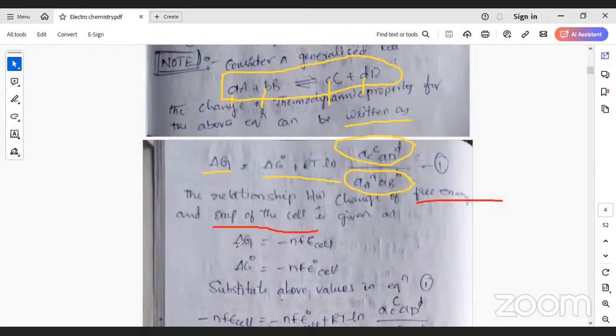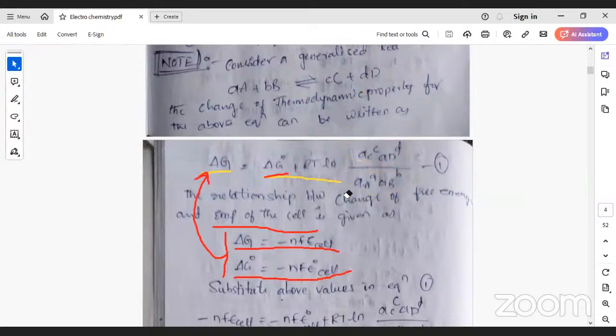Delta G equals minus nFE cell and delta G naught equals minus nFE naught cell. These two values are substituted in the above equation in place of delta G and delta G naught, so we'll get the further equations.